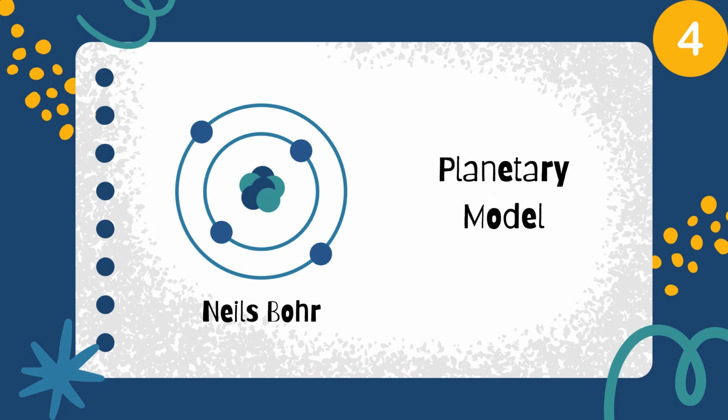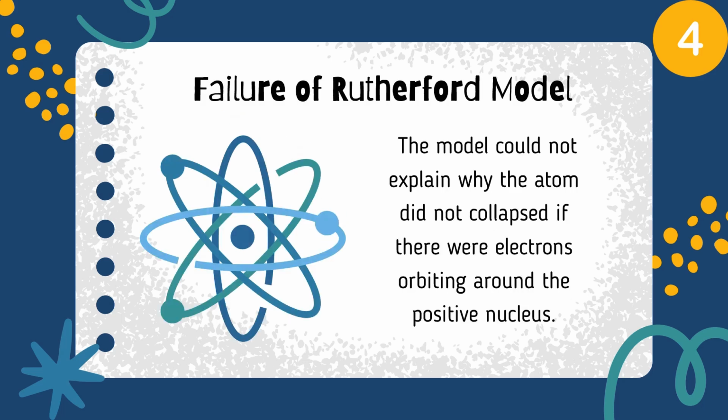Next comes the planetary model by Niels Bohr. The failure of Rutherford's model led to the discovery of Niels Bohr's planetary model. The model could not explain why the atom did not collapse if there were electrons orbiting around the positive nucleus.